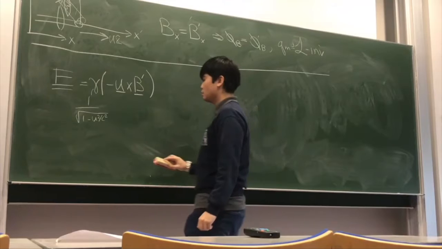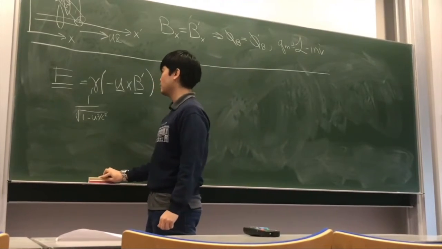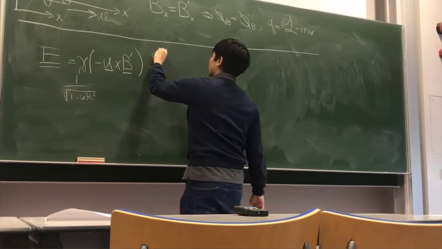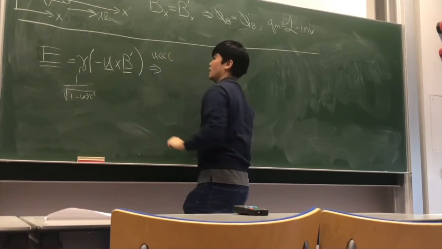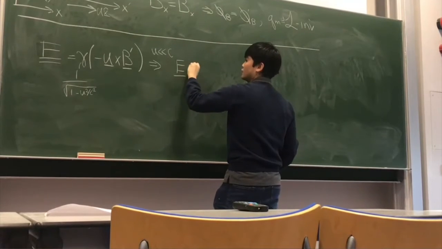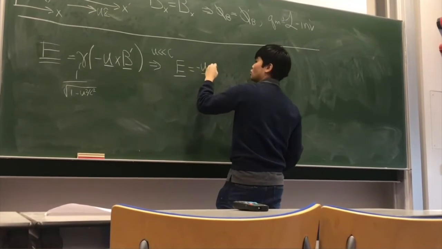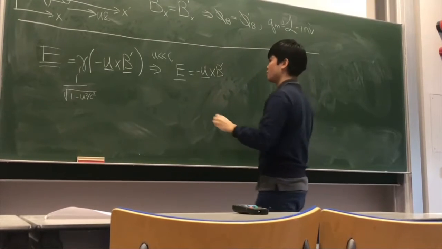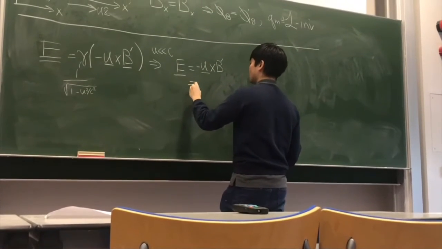Now, if you recall the Biot-Savart law, you see that if u is very small, then we have that E is minus u cross B prime, which takes exactly the same form as the Biot-Savart law.